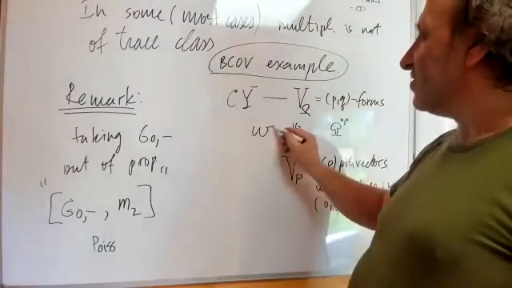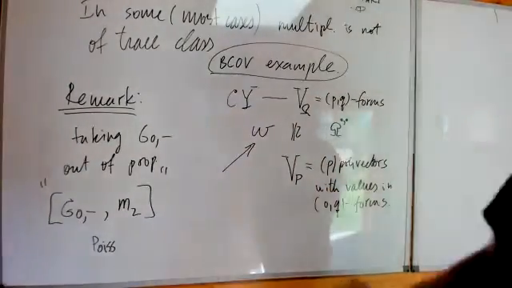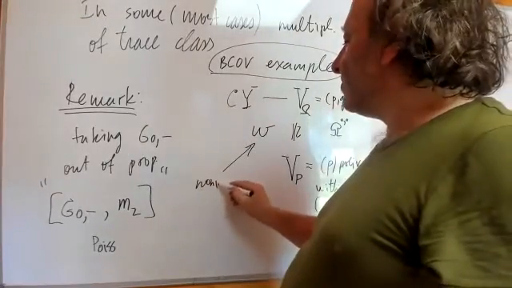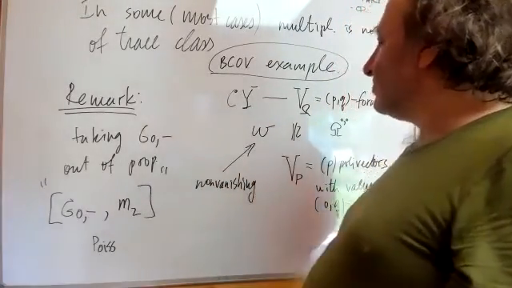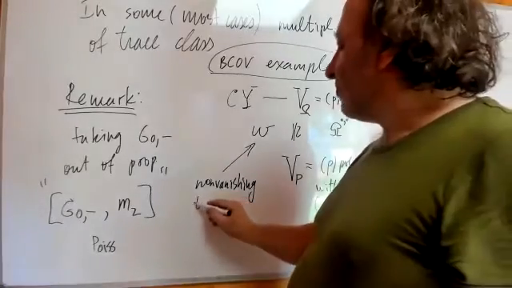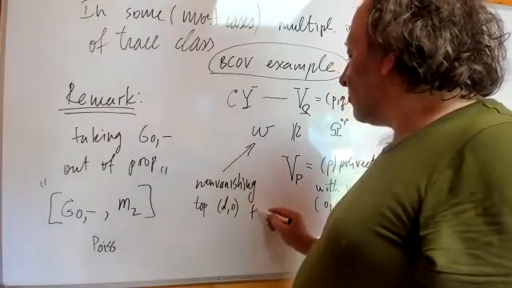And the isomorphism is given by non-vanishing top form. Top means D naught form.